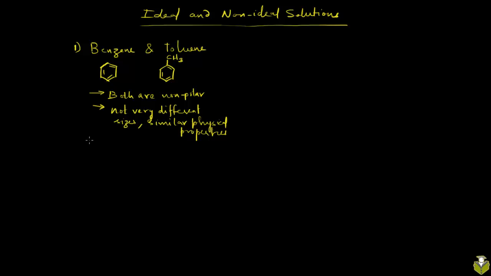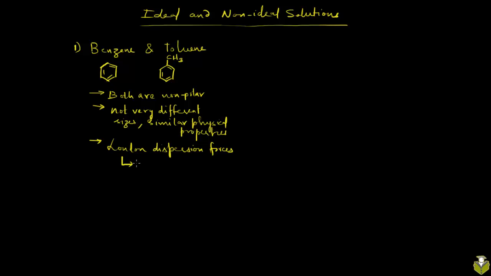Since both of them are non-polar, the only intermolecular interactions that you can think of between these two molecules, when we consider A-B sort of interactions, will be London dispersion forces. Within benzene as a liquid and within toluene, you have London dispersion forces, and even when you mix them together, that is the only intermolecular interaction they have.